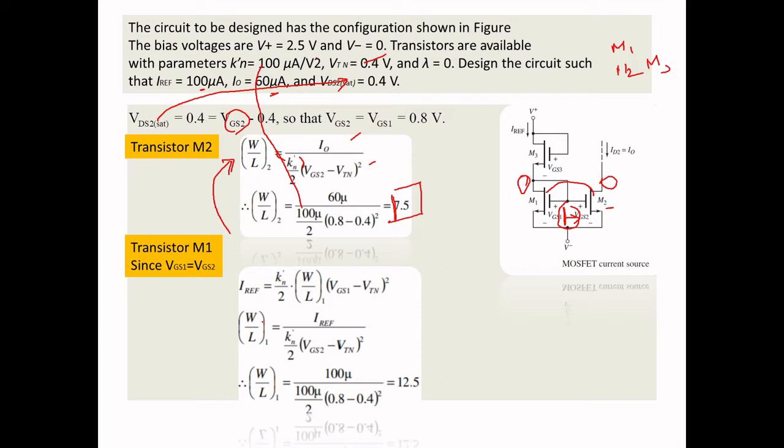When you rearrange this, W by L1 equals IREF divided by Kn dash by 2 times VGS2 minus VTN whole square. When you substitute the given values, IREF is 100 microamps. When you solve, we will get 12.5, right?